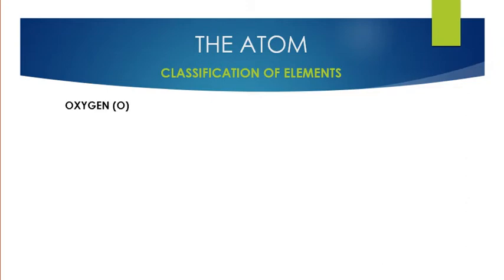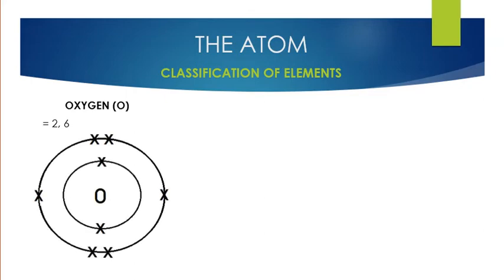Let's say we had the element oxygen, which is the 8th element, and so it will have the electronic configuration 2, 6, and drawing that electronic configuration will give us a diagram like this. 2, 6, 1, 2, 3, 4, 5, 6. So it's got 6 electrons in the outermost shell.